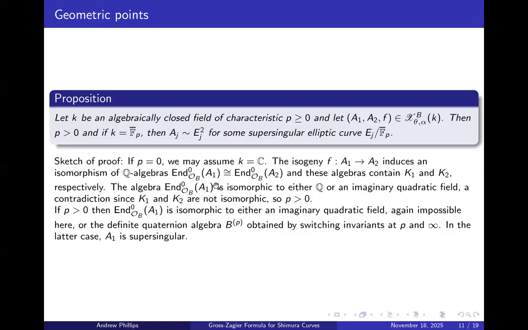The general result about these QM abelian surfaces over the complex numbers is that this endomorphism algebra is either Q or an imaginary quadratic field. Q is obviously impossible, and if they're imaginary quadratic, then we get K1 isomorphic to K2, and we're assuming they're non-isomorphic. So it only has geometric points in characteristic P, and they have to be supersingular, which is interesting.